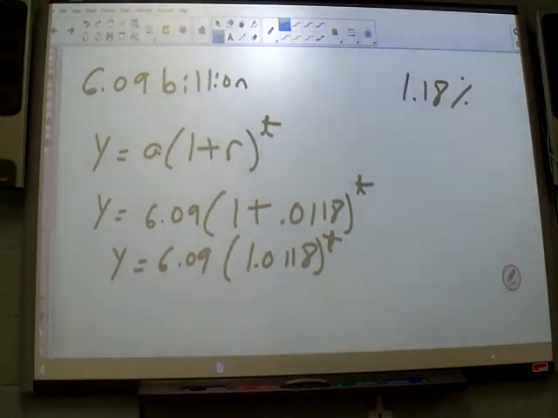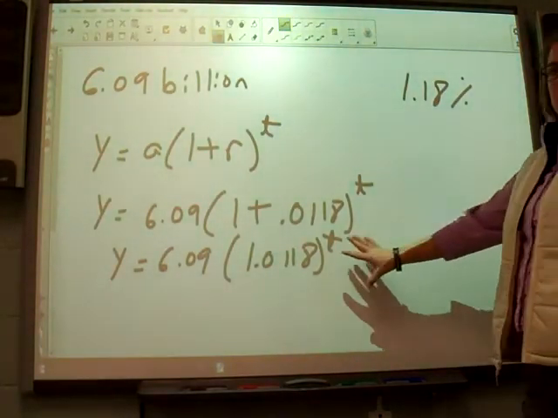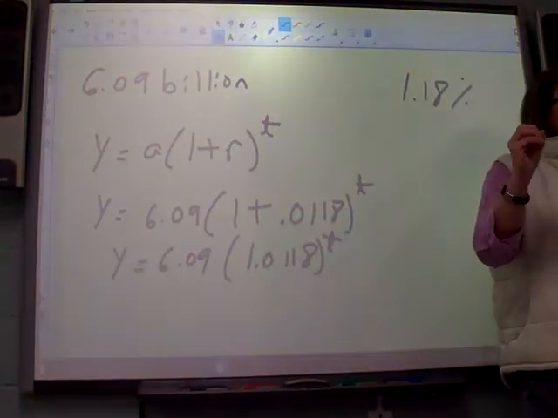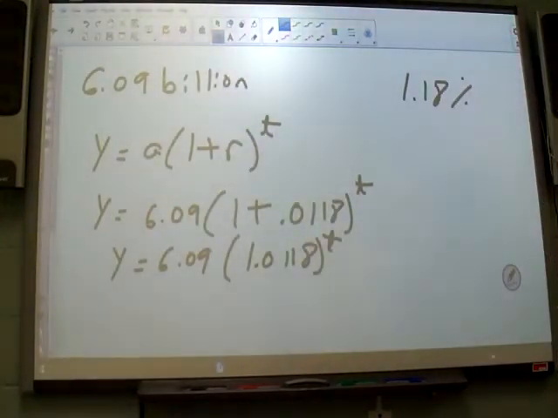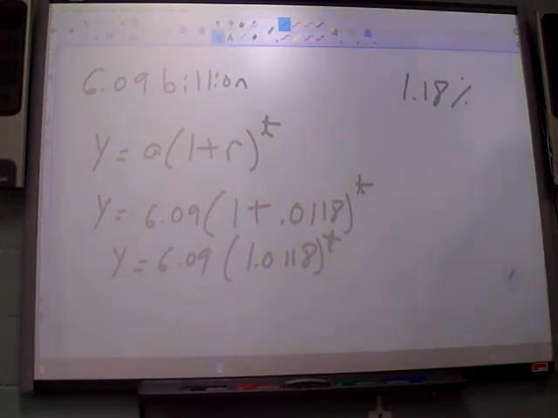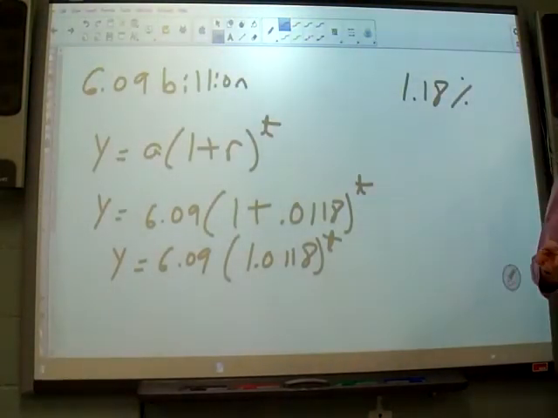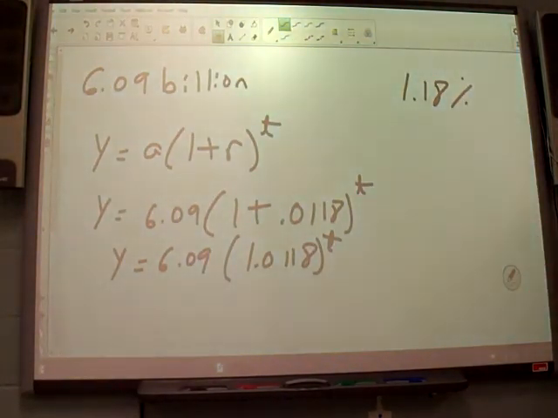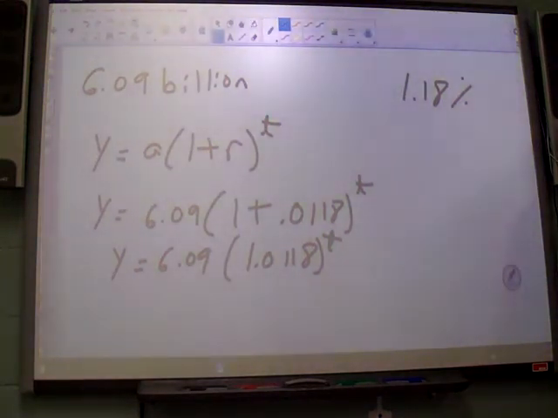So you could now plug that into the y equals on your calculator. When you look at your table, 0 would mean the year 2000, 1 would mean the year 2001, 2 would mean the year 2002. So you could tell what the population for each of those years is.